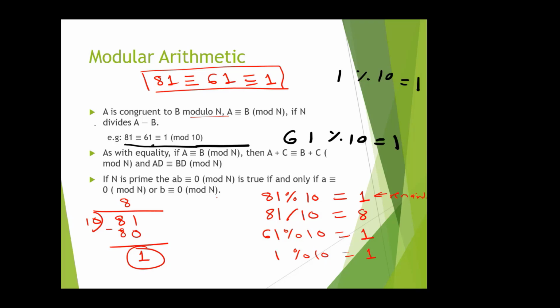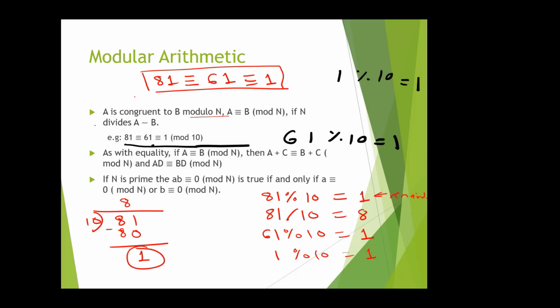Okay. Now there are some more equalities in this case. One equality is that if A and B are congruent under the modulo function, and I multiply something to A and the same thing to B, then the values I receive will also hold the congruent modulo relation.